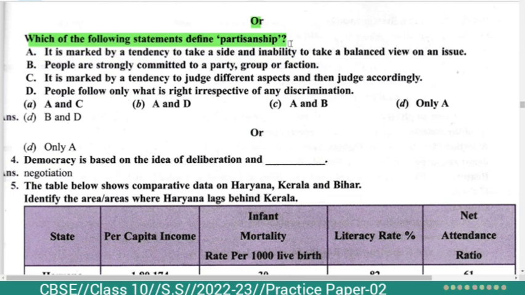C. It is marked by a tendency to judge different aspects and then judge accordingly. D. People follow only what is right irrespective of any discrimination. Options: A and C, A and D, A and B, only A. Here the correct answer is only A, which is given in option D, only A.